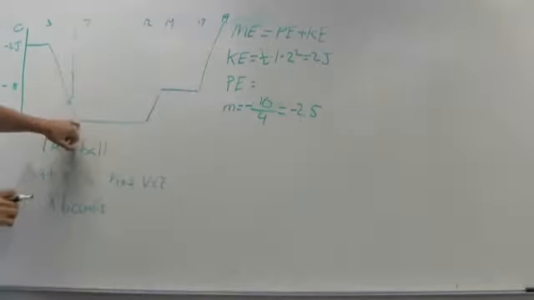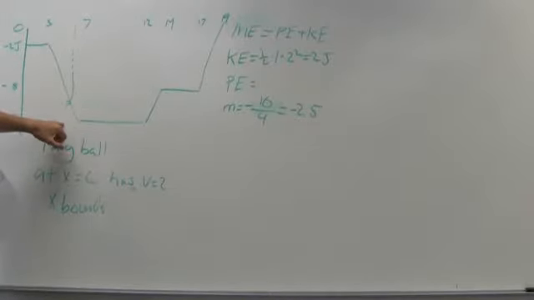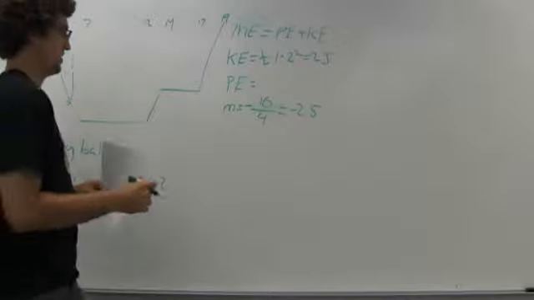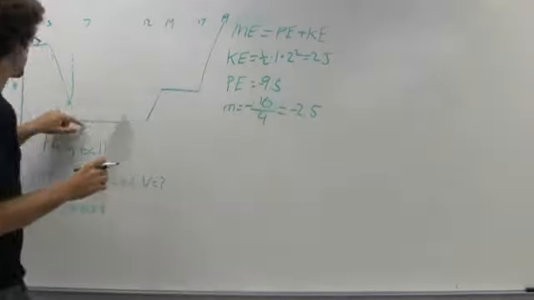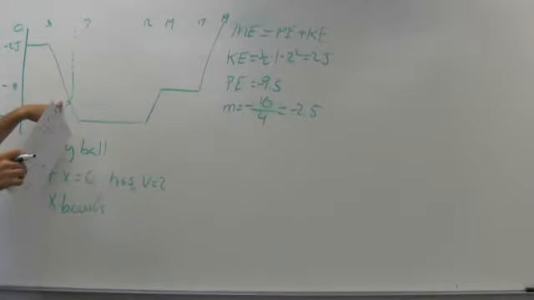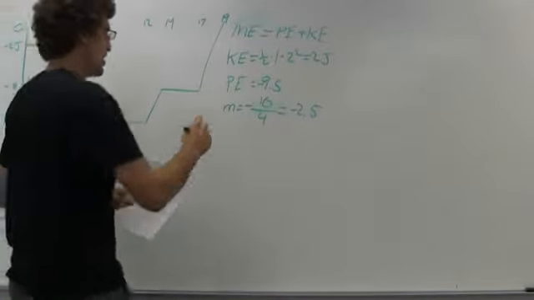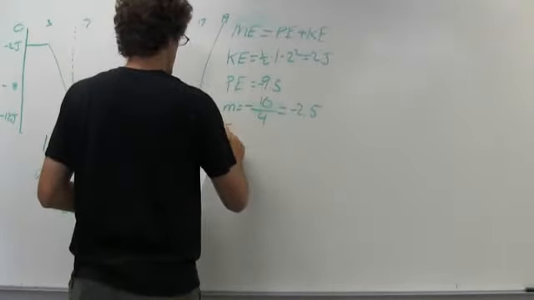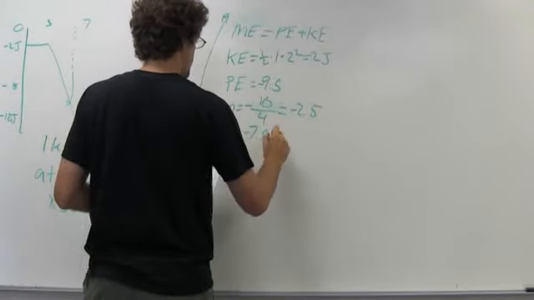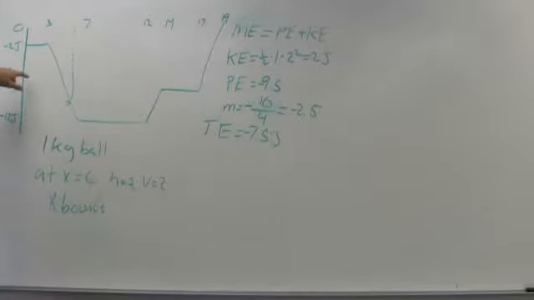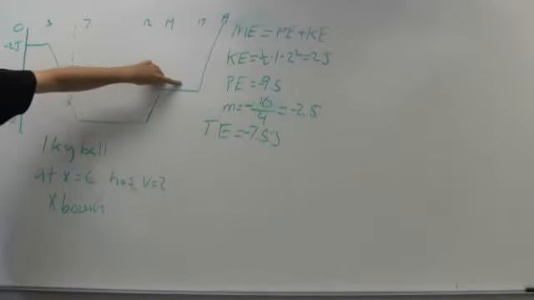And given that we're going over 1, that means we're going to go up 2.5, which means that it is at -9.5, right? Because -12 up 2.5 is -9.5, which means our total energy comes out to be -7.5 joules.